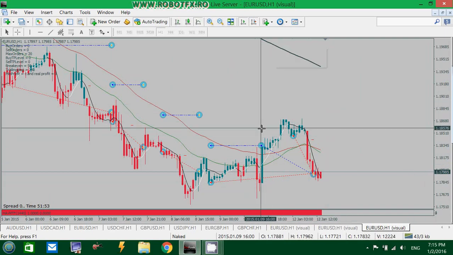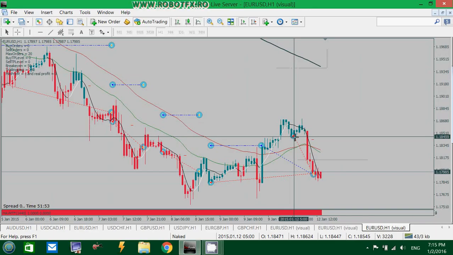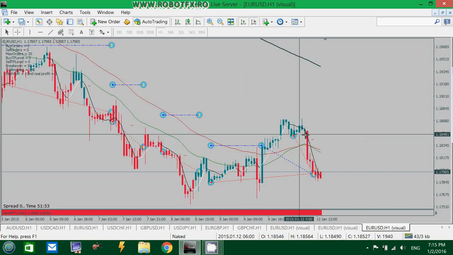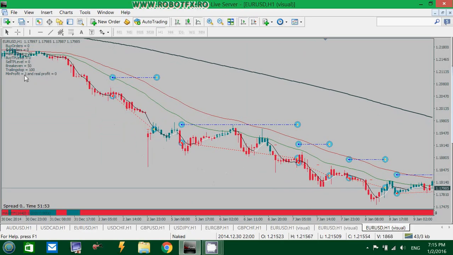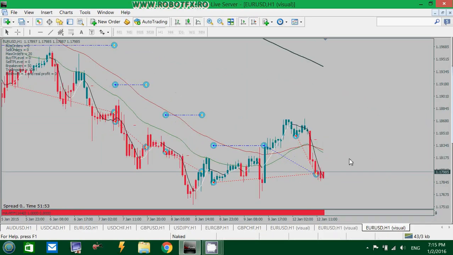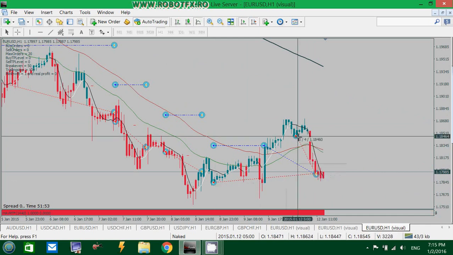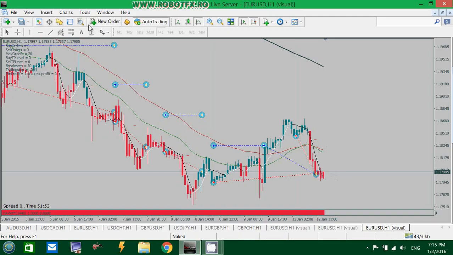Trend is still down, the non-lag moving average changed the color, and the basket closed when the real profit reached the minimum profit, $1. So for these three trades we have a profit of $1, one losing and one winning, which cover them all.